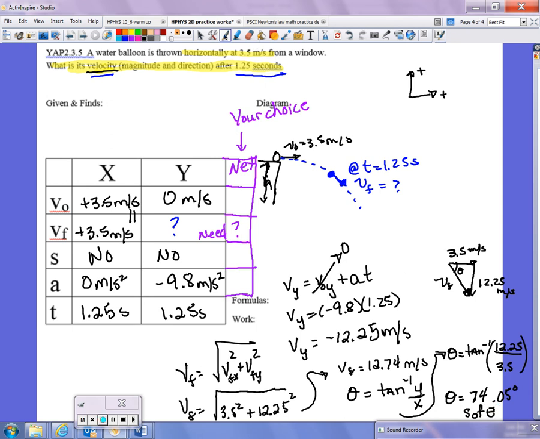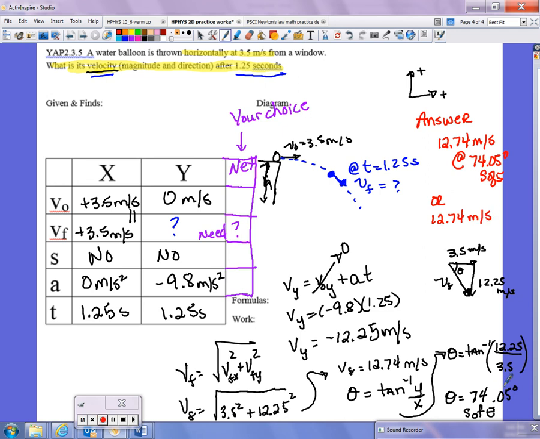So there's two ways of writing this answer, and I'll put it up here. So my answer, I can write 12.74 meters per second at 74.05 degrees south of east, or in standard form it would be 12.74 meters per second.